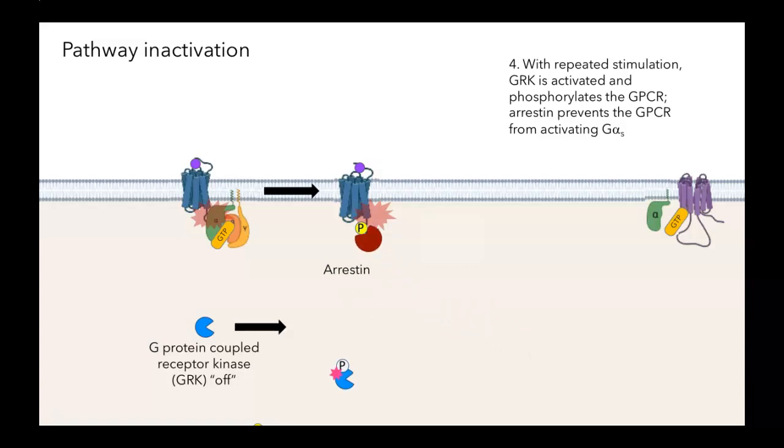And binding arrestin will prevent the heterotrimeric G protein from being able to come in and interact with the GPCR. How does GRK get phosphorylated? Well, one of the enzymes that can do this is protein kinase A. So once this pathway is turned on, there can be a feedback loop that will lead to it being turned off.